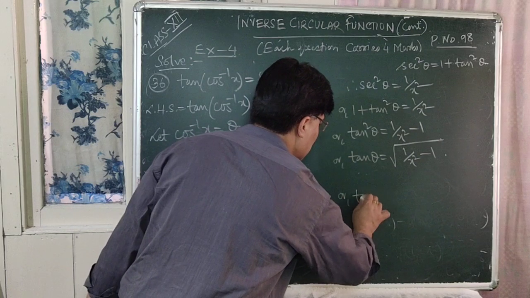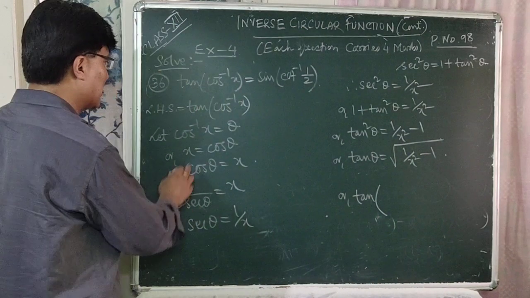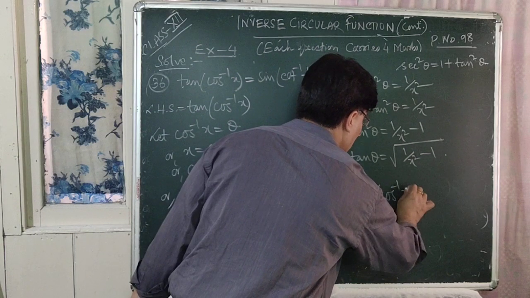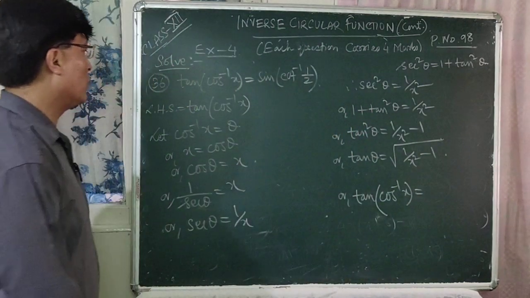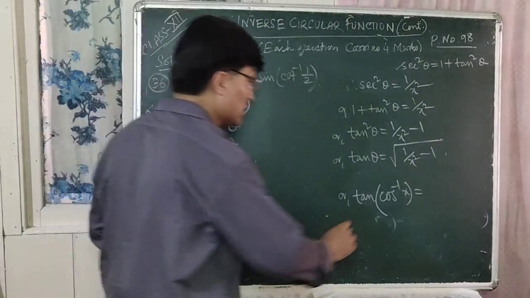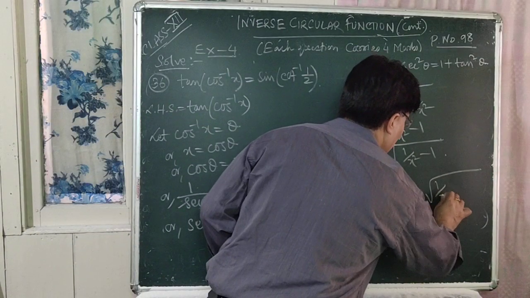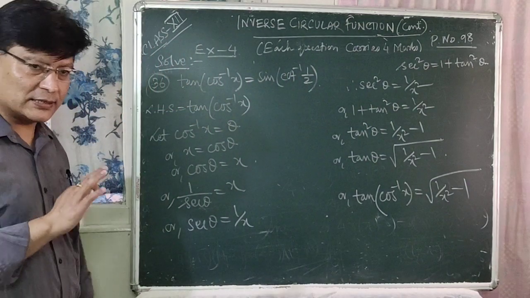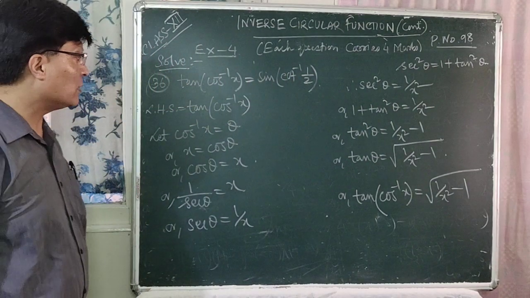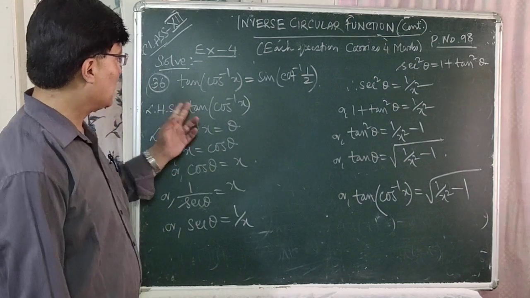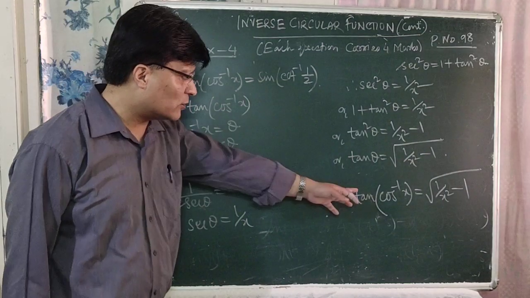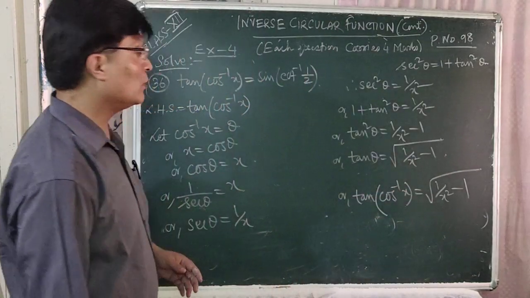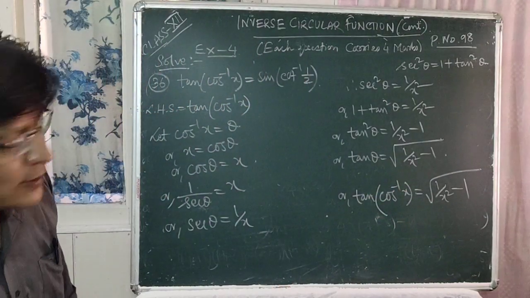The value for θ is cos⁻¹x. So tan(cos⁻¹x) = √(1/x² - 1). Is it clear? So we have got the value for left hand side. That is tan(cos⁻¹x) = √(1/x² - 1), right?